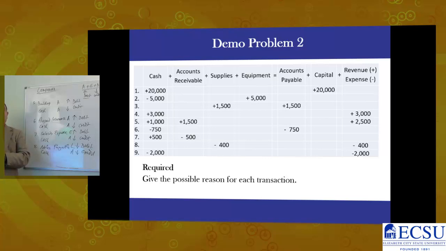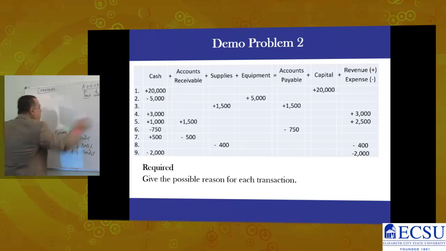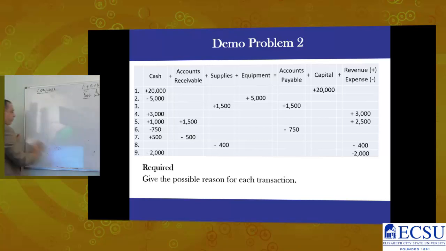And 8, of course, will be I had a supply decline. So a decrease in supply means it is supplies used. Now that's an important concept, so let me just explain that. Supplies is an asset, and when we use the supply, it becomes an expense.